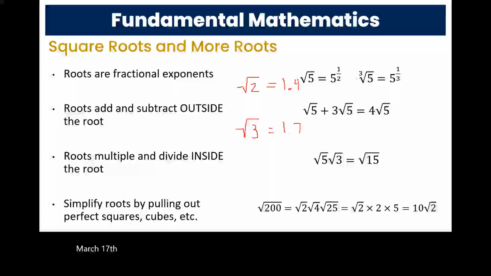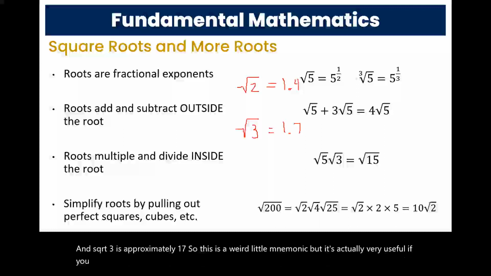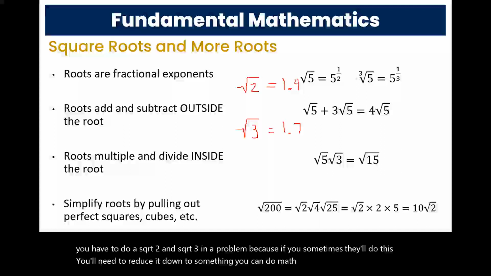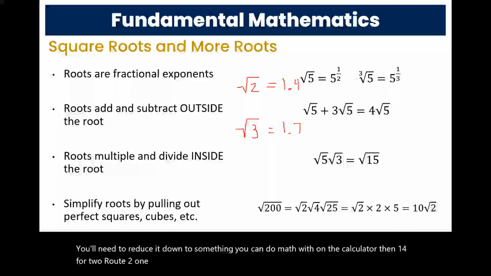And the square root of 3 is approximately 1.7. So this is a weird little mnemonic, but it's actually very useful if you have to deal with square root of 2 and square root of 3 in a problem. Because sometimes they'll do this, you'll need to reduce it down to something you could do math with on the calculator. Then 1.4 for root 2, 1.7 for root 3. And there you go.